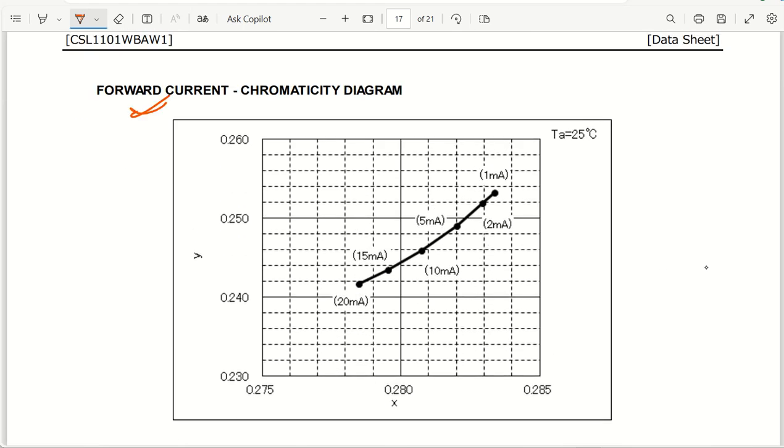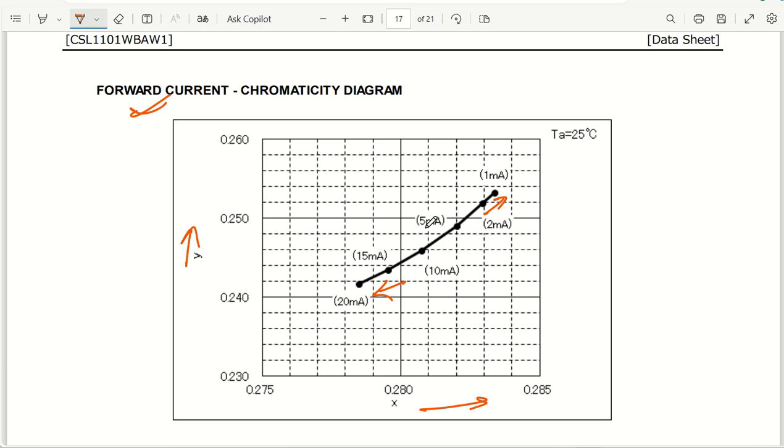Coming back to forward current and the chromaticity diagram, you can see that as my x coordinate increases and my y coordinate increases, the current capability becomes lesser and lesser. As you go lower in the chromaticity diagram, your forward current capacity increases, going up to 20 milliamperes.